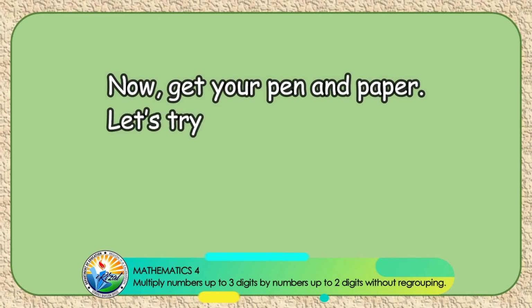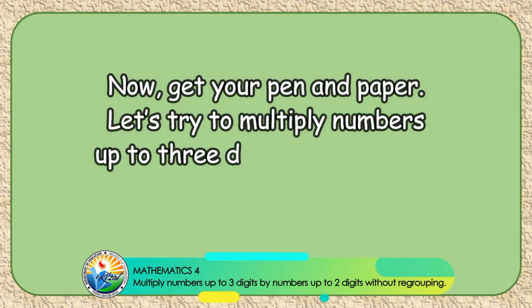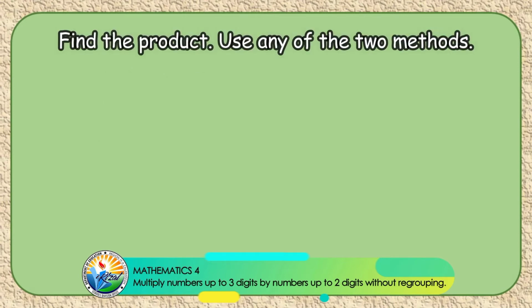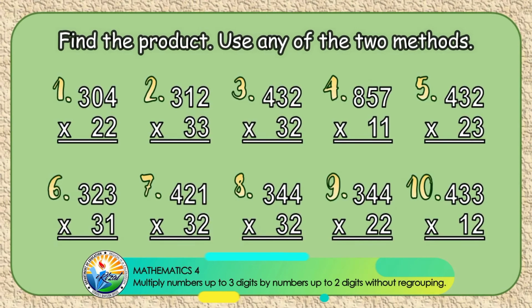Now, get your pen and paper. Let's try to multiply numbers up to 3 digits by 2 digits without regrouping. Ready? Find the product. Use any of the two methods. Number 1, 304 times 22.